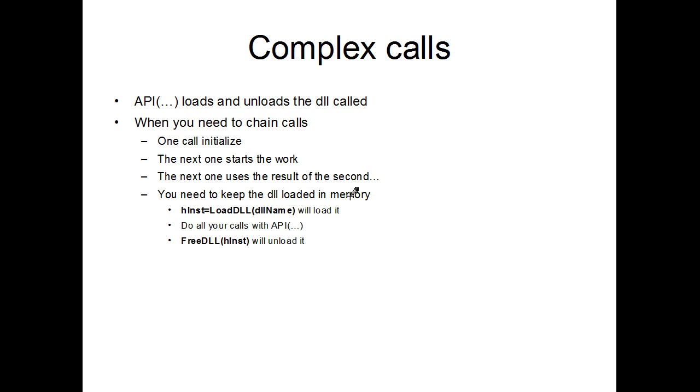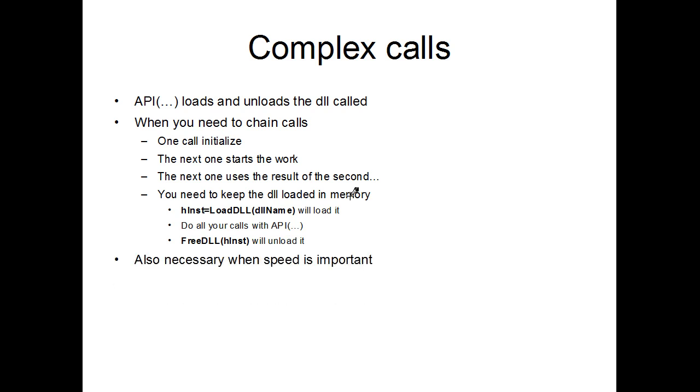So that is, of course, going to help you tremendously when you're doing some complex things that need the DLL to be there and maintain really a status of what's going on. It may also be very important when you don't need the result of one function to call the next one, but you need speed.